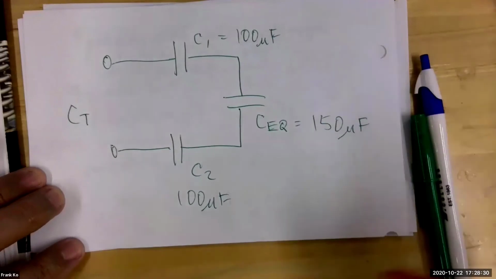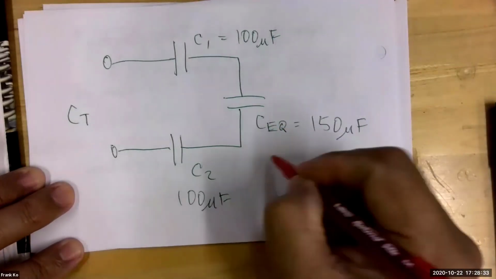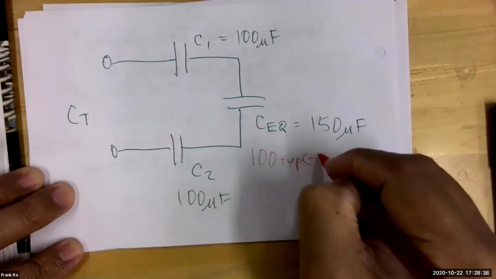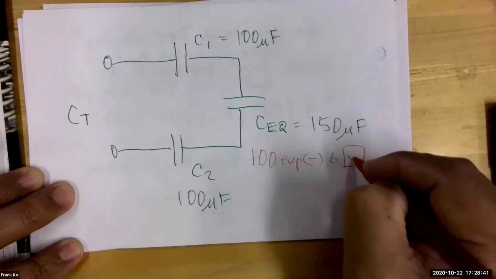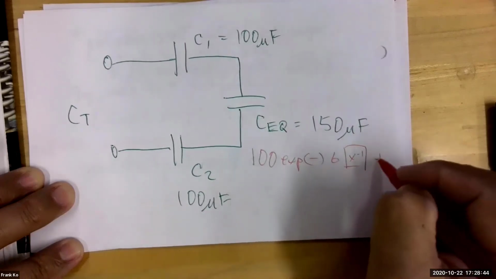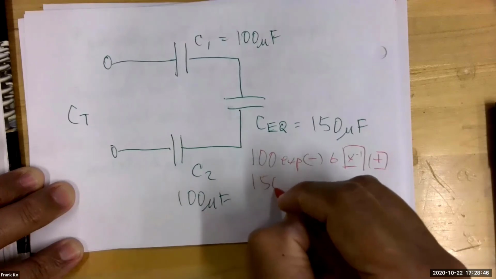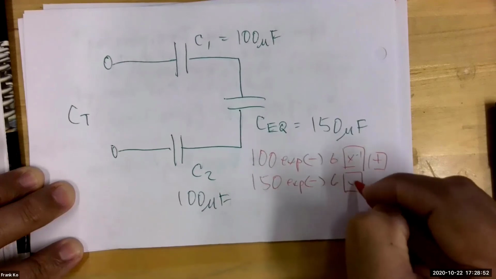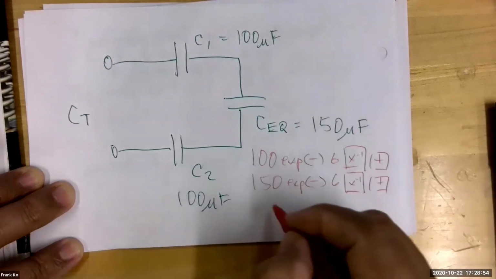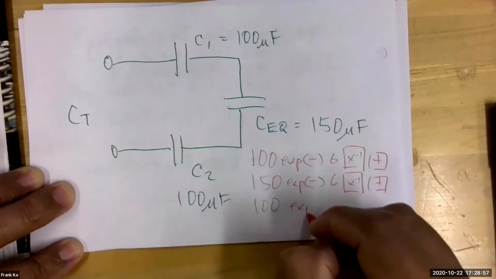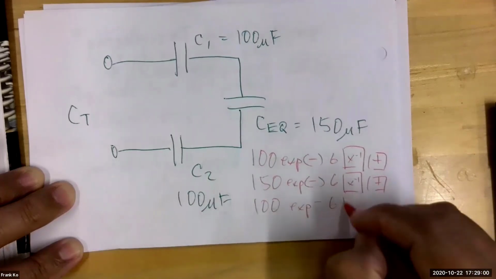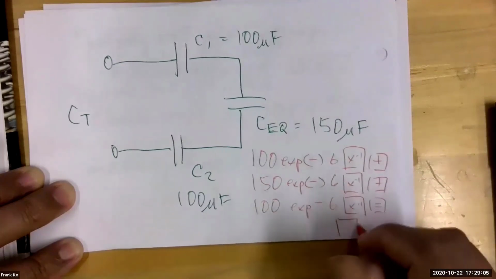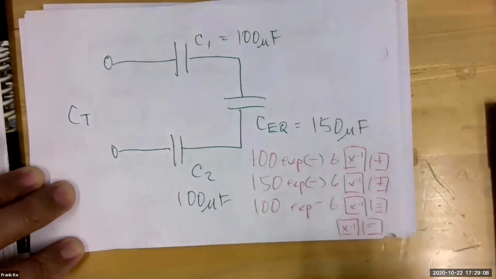So in this particular case, what am I going to do? Reciprocal formula, so it'll be 100 EXP negative 6 reciprocal plus 150 EXP negative 6 reciprocal plus 100 EXP negative 6 reciprocal, equals, hit reciprocal, and equals one more time.